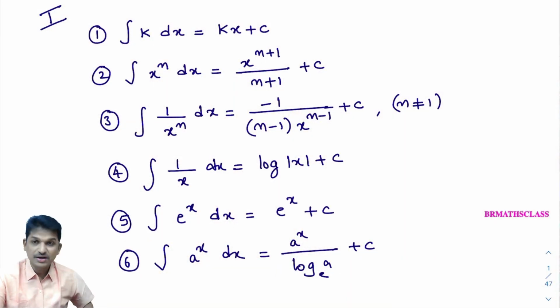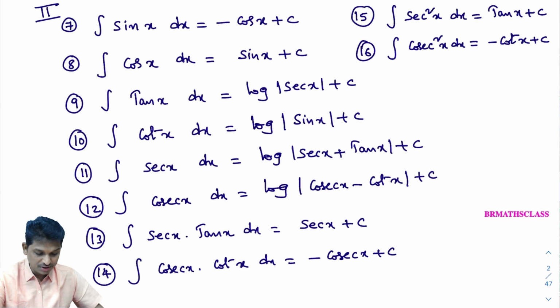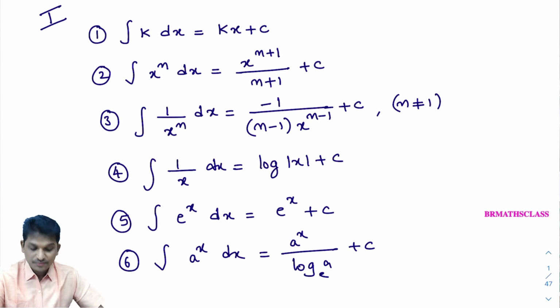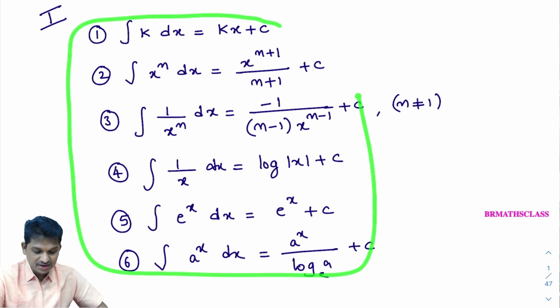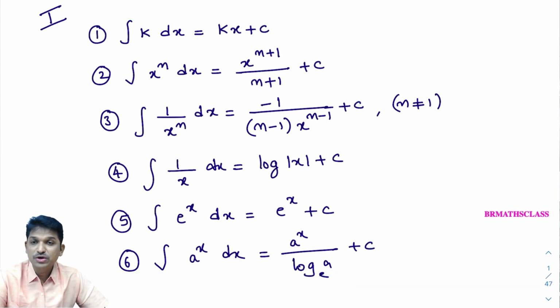In this class, what are we going to do? You observe this, right? These are the 19 formulas we learned in the first class. You must be good in these 19 formulas. If you are good in these 19 formulas, then only you can understand this second model of problems.